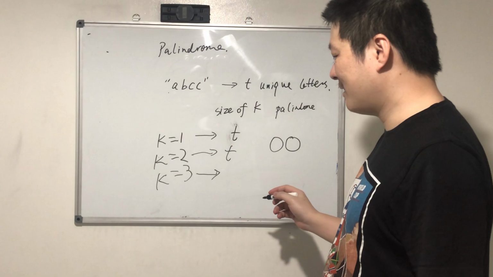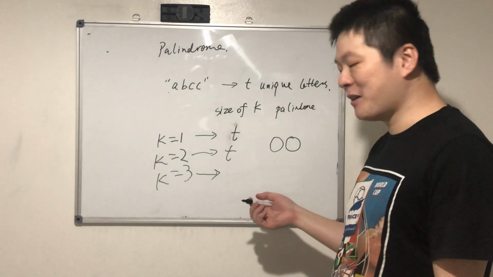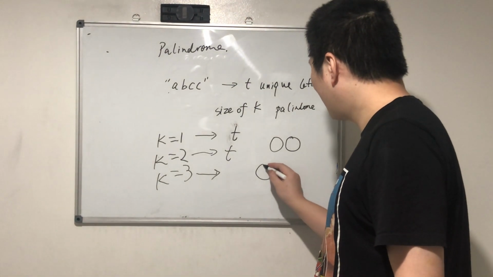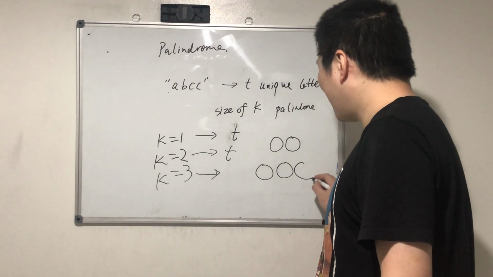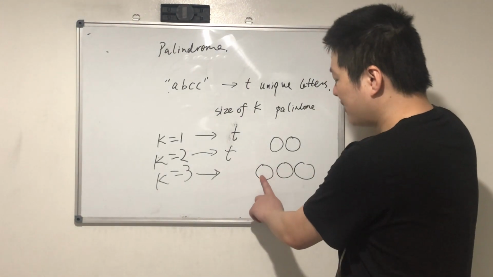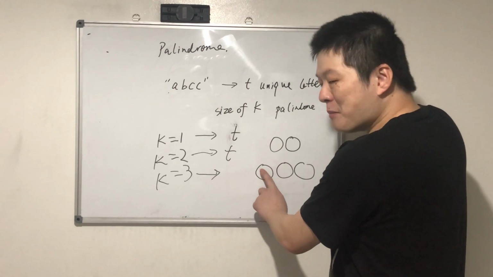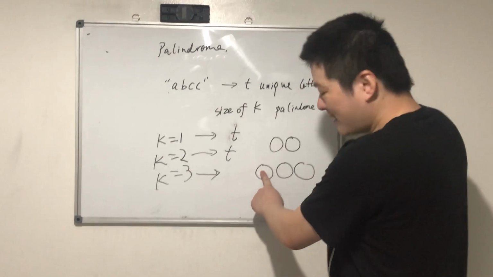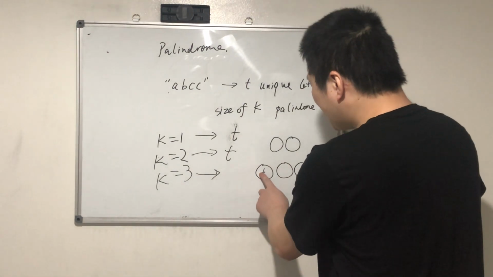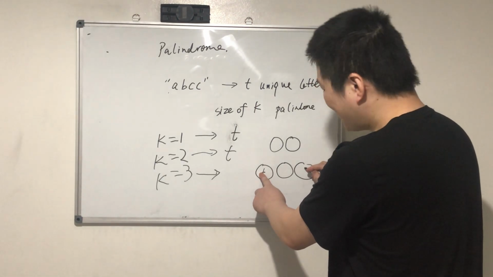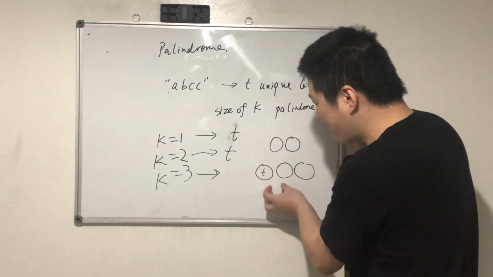Three letters, T again. How many possibilities for the first one? T. But if this is T, the last has to be the same, right? The middle one, there's an odd number in the middle.